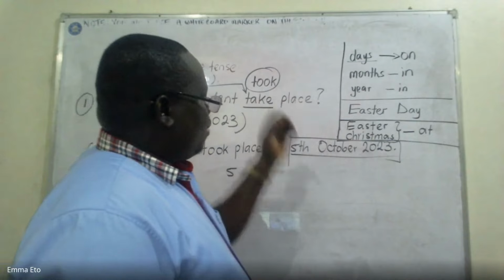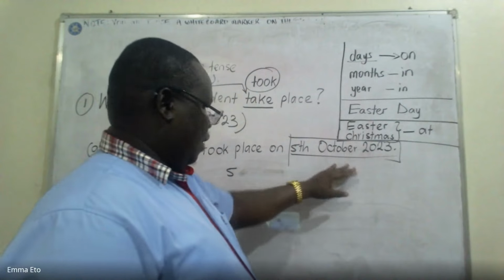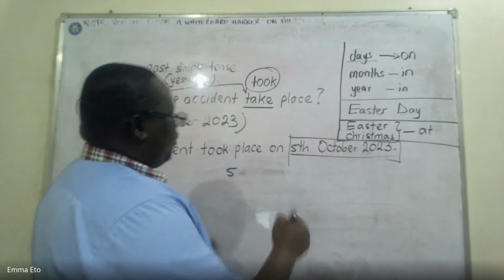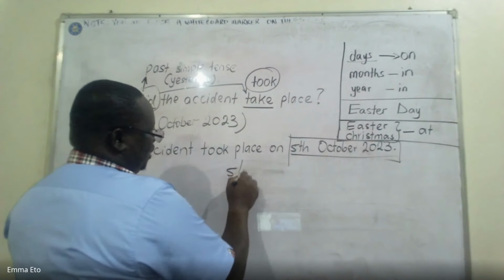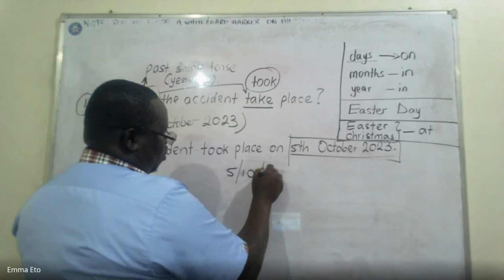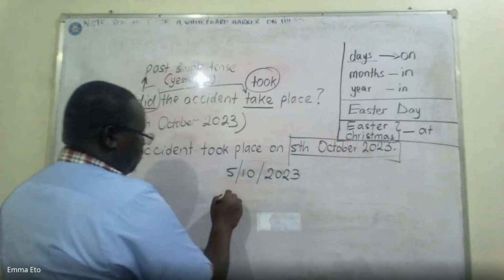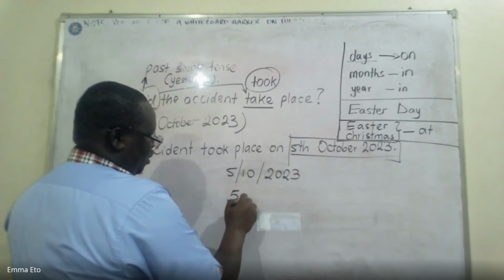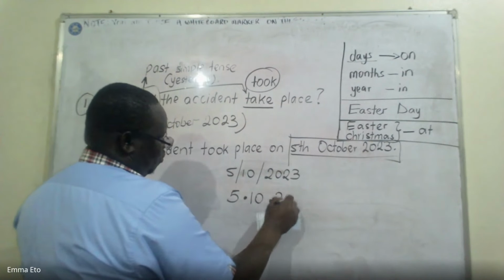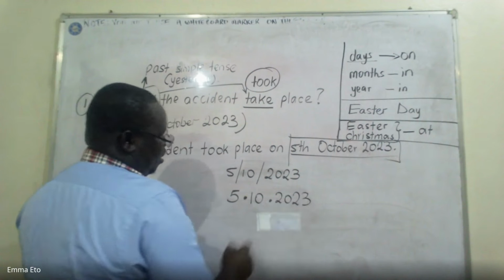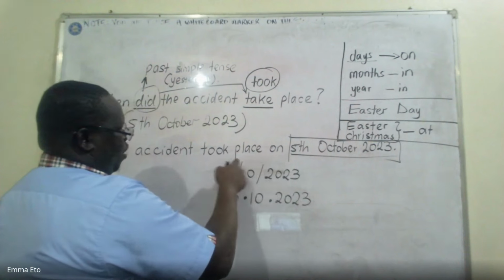Now, first of all, this date is in full like this. The shorter form of this is 5/10/2023, or 5 dot, a bigger dot, 10 dot 2023. These are the shorter forms, the ones we call informal.